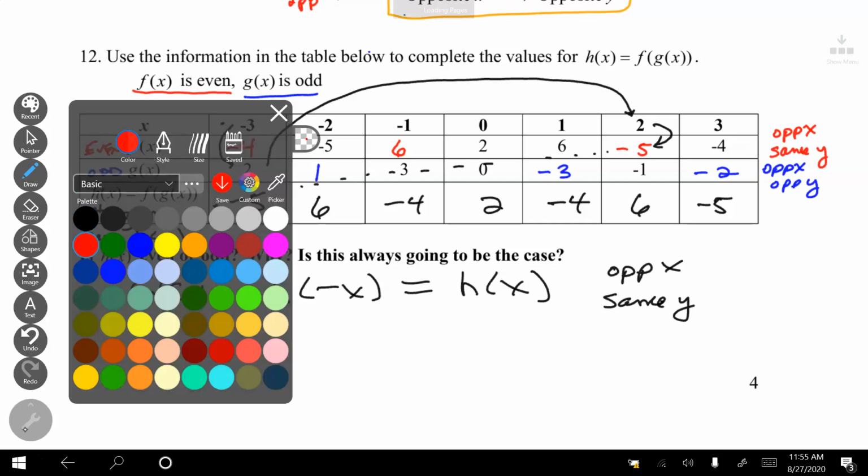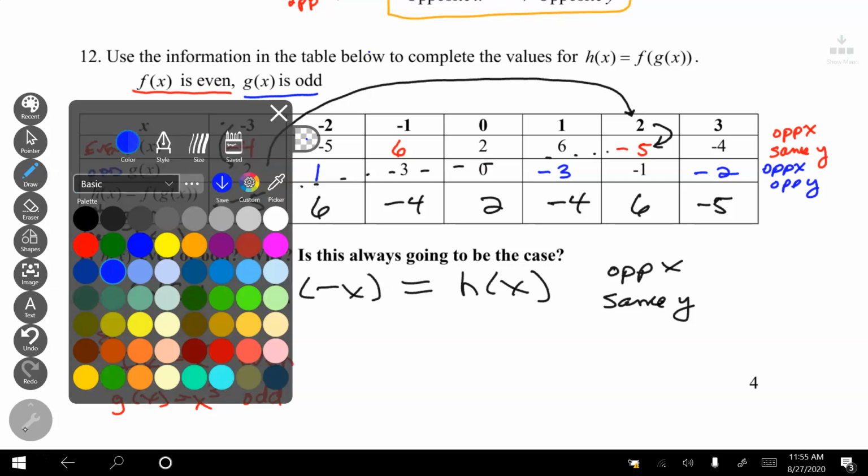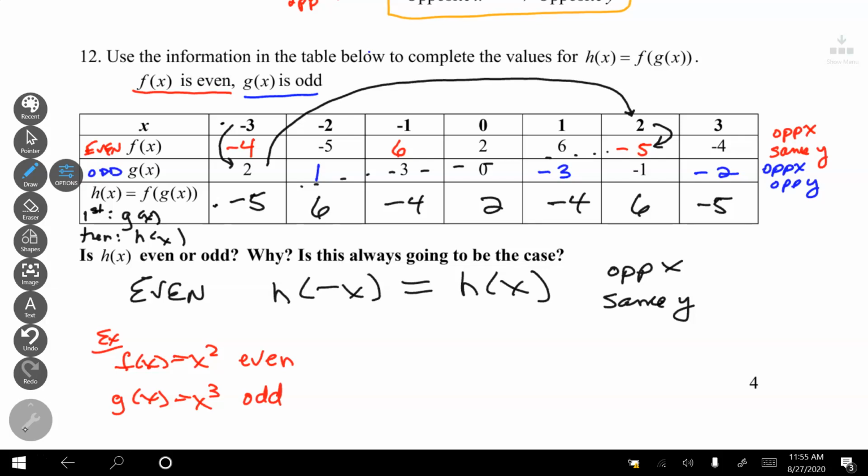Let's look at an example. We said f had to be even and g had to be odd, and I have to do the composition: h of x is f of g of x, which means g comes first, which is x cubed.